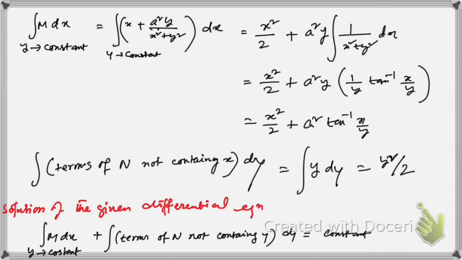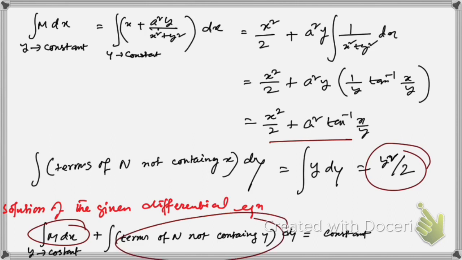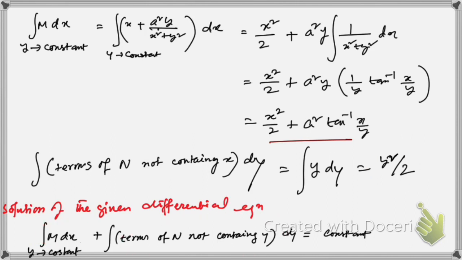If that is the case, let us put these values here and let us put it here. So then what you will get, then our solution becomes, first let me write the results of this integration of m dx, y keeping constant. So let me go to the next slide.